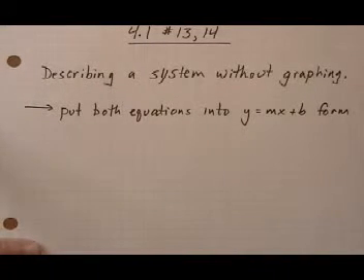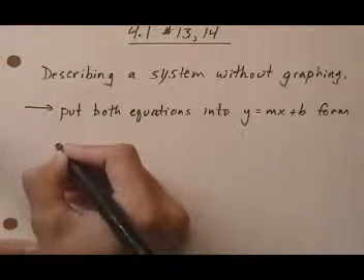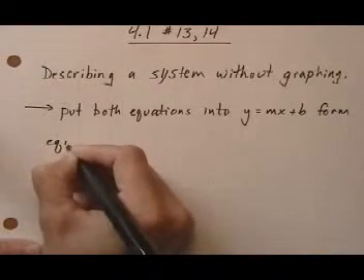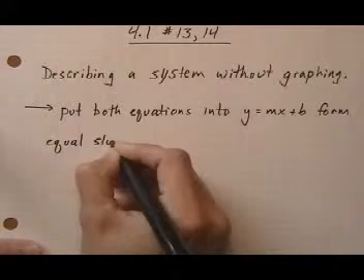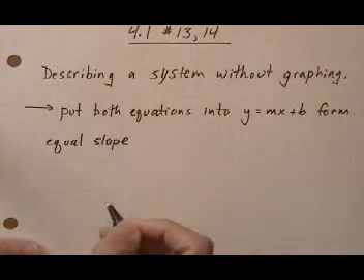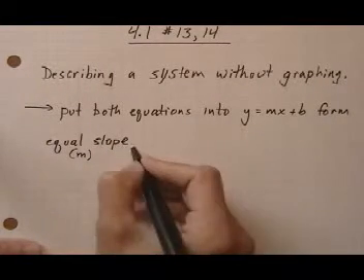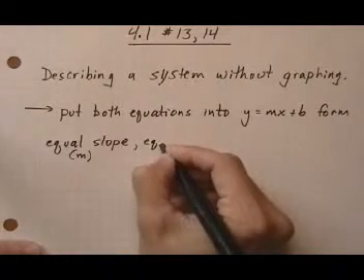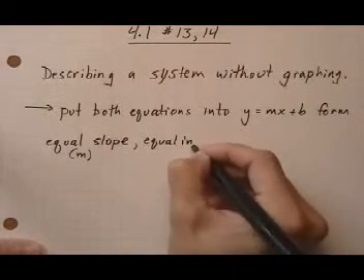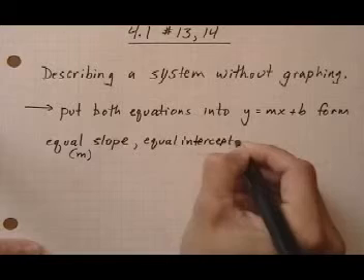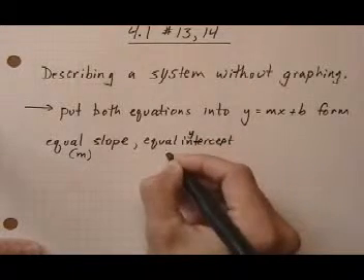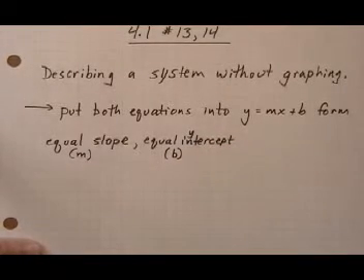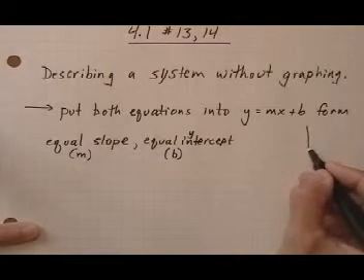So if the two equations come out with equal slope, and remember again that's the m value, and equal intercept, and that's the y-intercept, indicated by the b value, then it's going to look something like this.